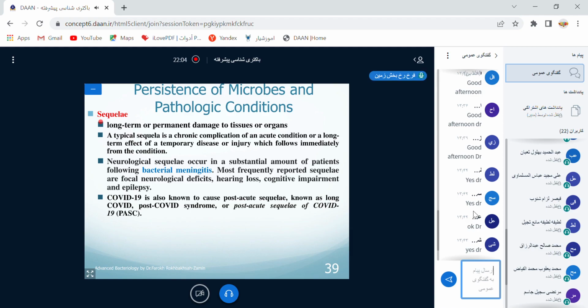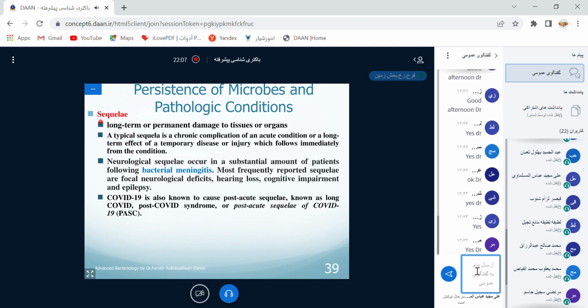Sequela. Sequela. What is sequela? Long-term or permanent damage to tissue or organs. If one infection is in the body for a long time, and for a long time this infection damages the tissue and organs of the human, we call it sequela.